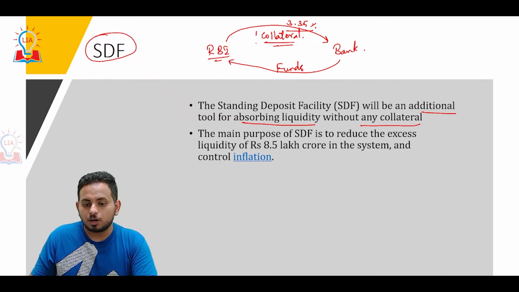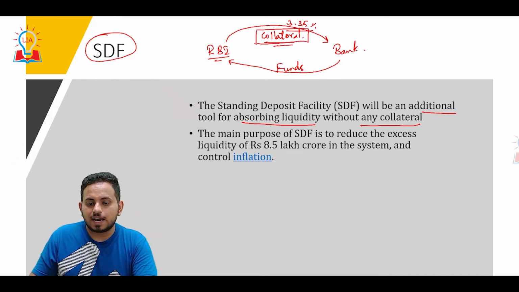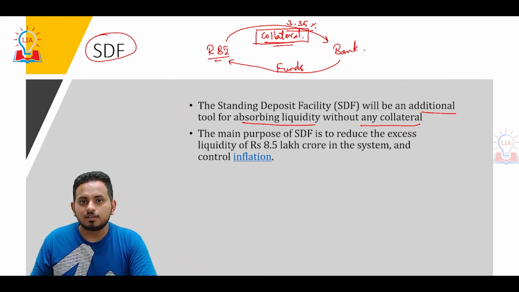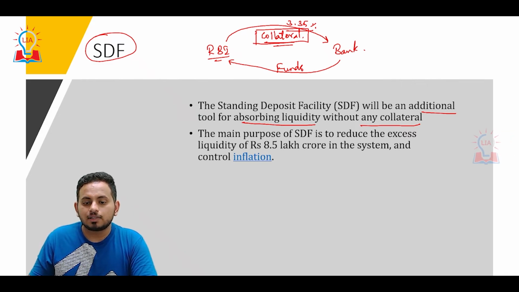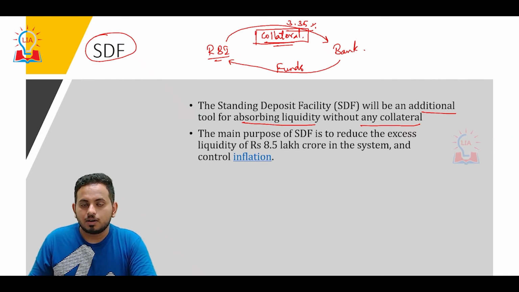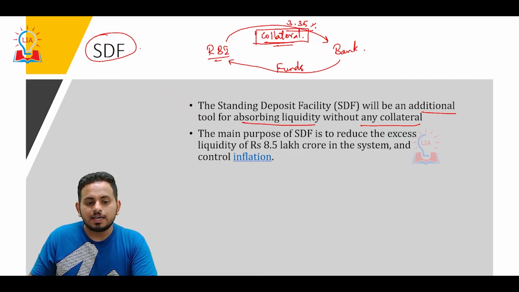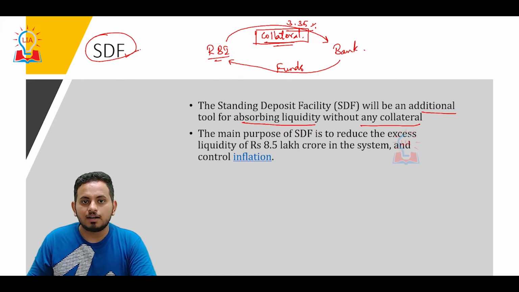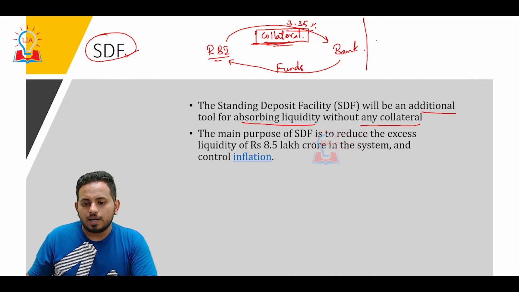But remember, the only difference between standing deposit facility and the reverse repo is the collateral that would be provided by the RBI. When you're dealing with the reverse repo, the collateral would be provided. In case of SDF, this collateral or a guarantee will not be provided by the RBI. Why?